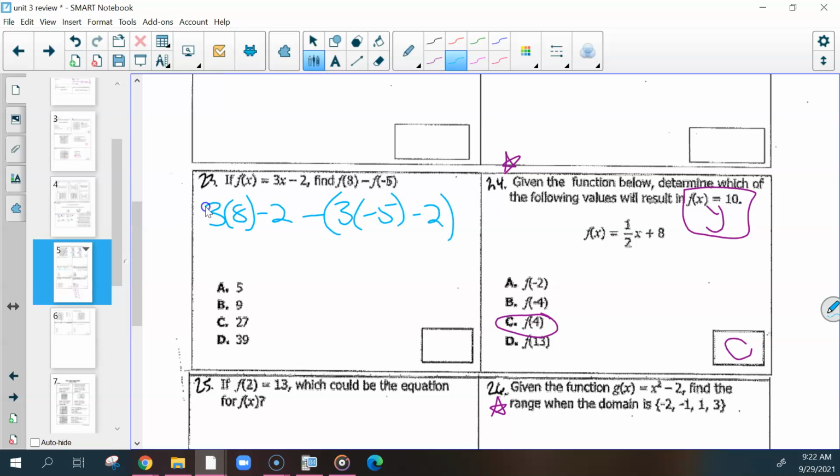Okay. So you can either put that on your calculator or you can simplify it. I'm going to put it in my calculator so I don't mess anything up. 3 times 8 minus 2, minus, in parentheses, 3 times negative 5 minus 2.